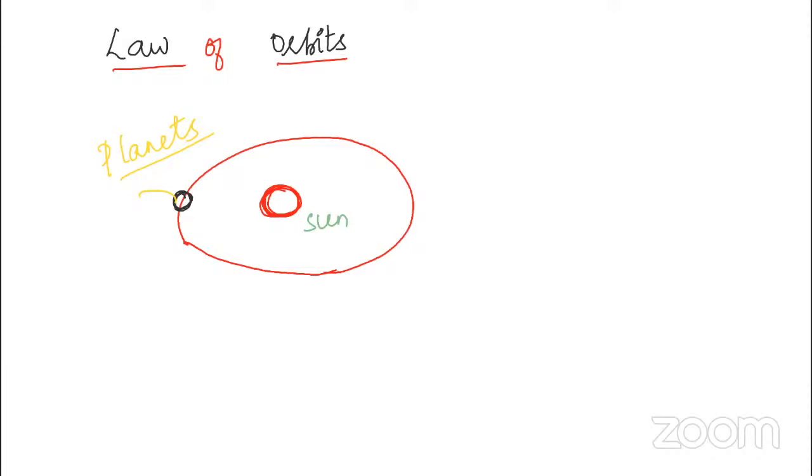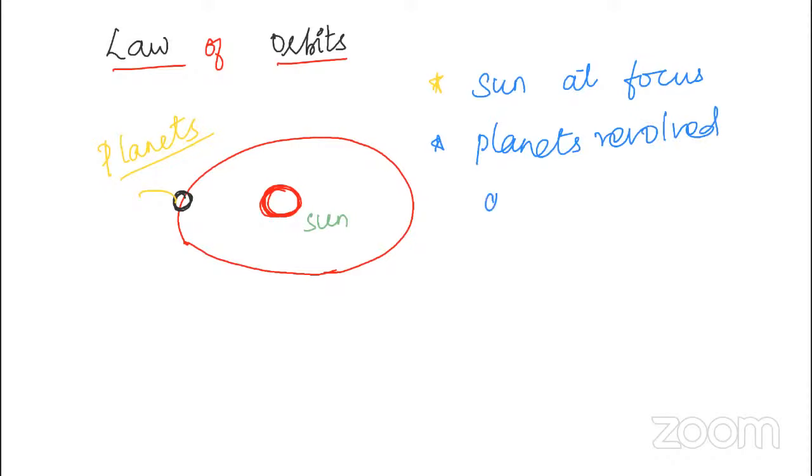Okay, it is 8. So in this law of orbits, we have our sun at one of the foci, and the planets revolve around it in an elliptical orbit.